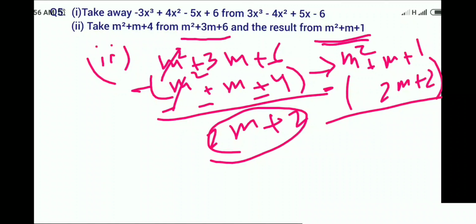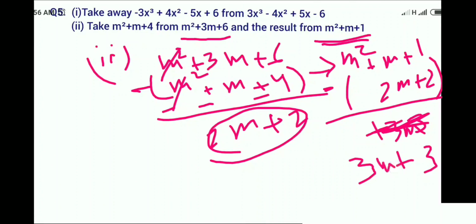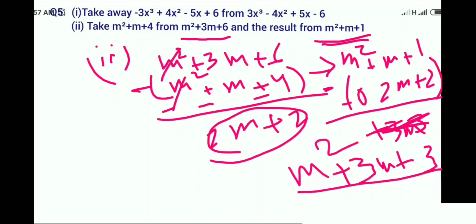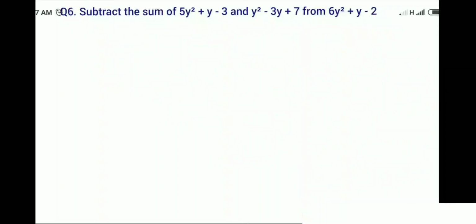Result will be 2 plus 1, 3. 2m plus 1m is equal to plus 3m, and m square minus 0 is equal to m square. So the final result is m square plus 3m plus 3.